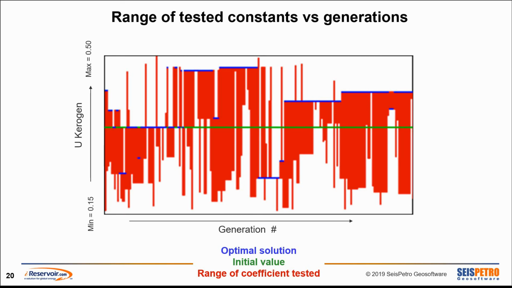And each of the red bars in this plot indicates the range of tested values for every generation. In blue is indicated what was considered to be the optimal solution for that generation, and in green is the initial value or the initial guess from the petrophysicist for that particular constant.